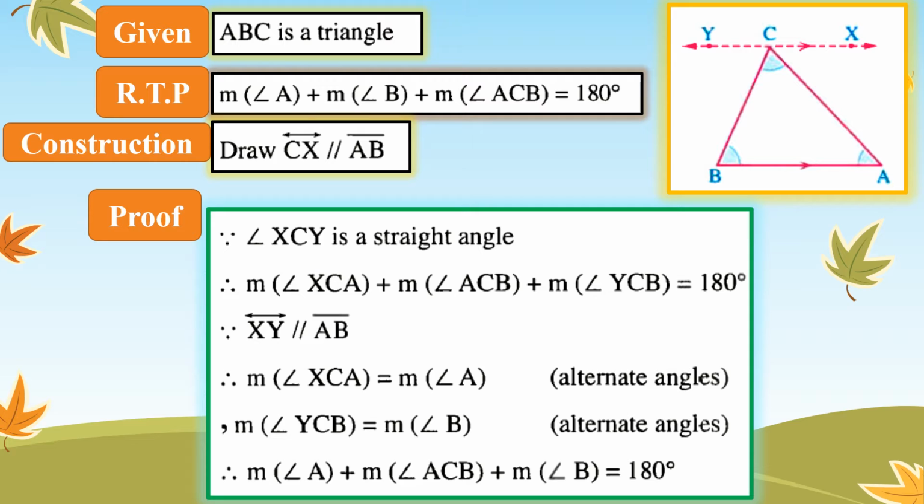Then, since XY is parallel to AB as a given, measure of angle XCA equals measure of angle A as alternate angles. Measure of angle YCB equals measure of angle B as alternate angles. Then measure of angle A plus measure of angle ACB plus measure of angle B equals 180 degrees.